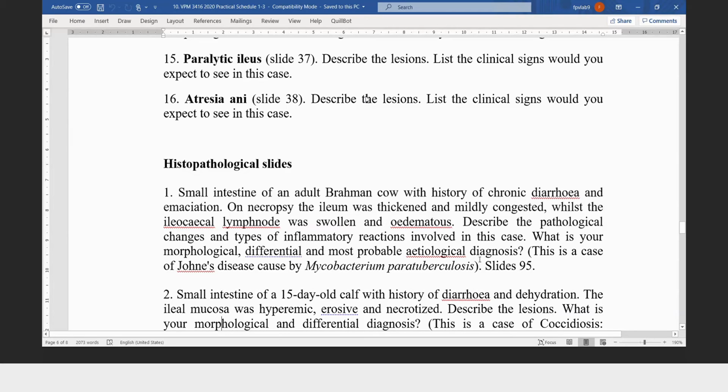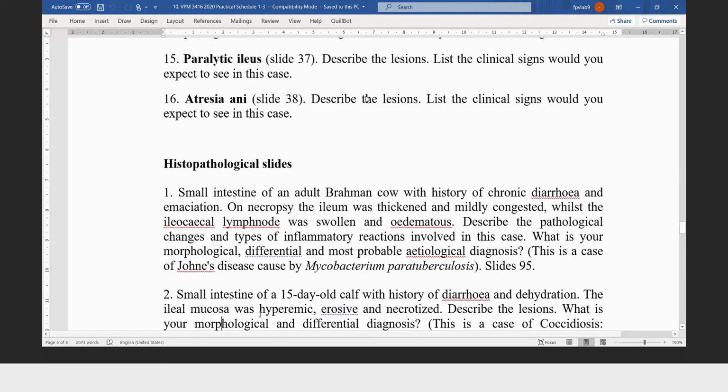But what I'm trying to say here is the approach of diagnosis: diagnosis based on the principle of history, clinical sign, gross and histological lesion, and later on isolation, identification, and characterization of the agent. Okay.